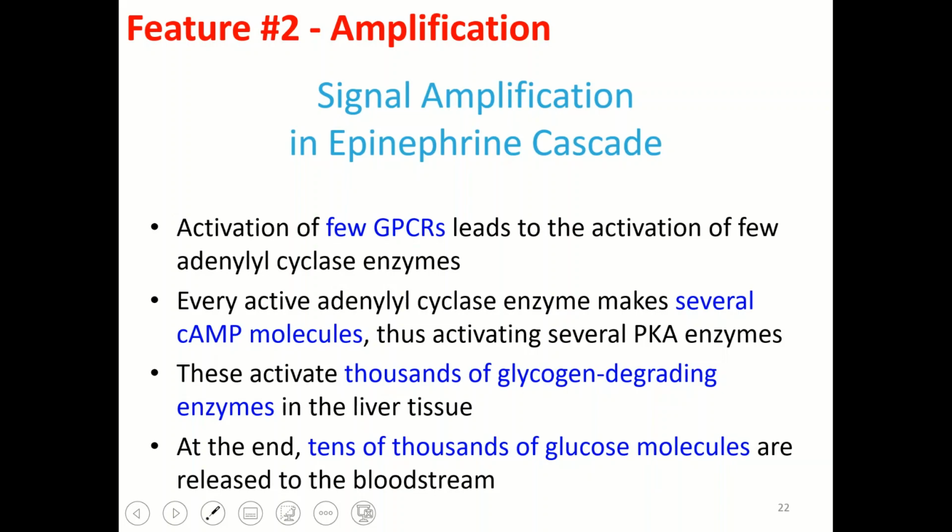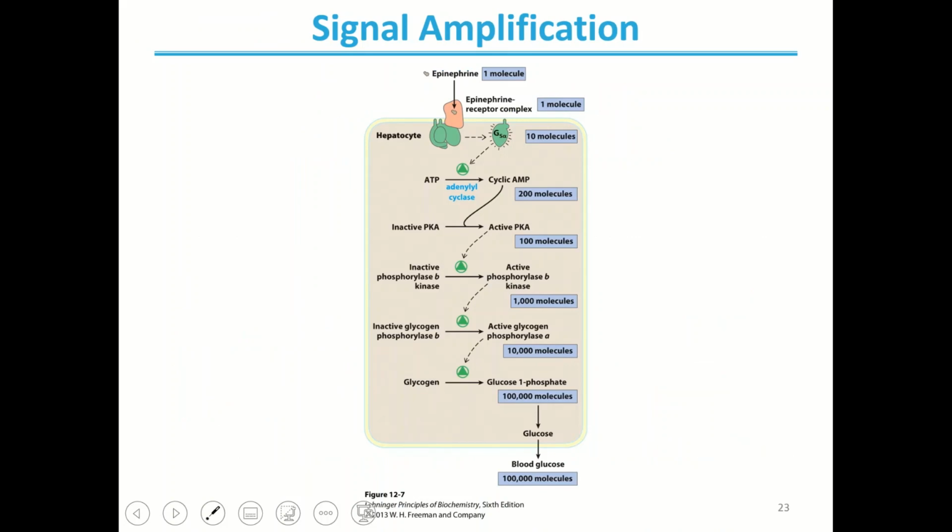The PKA enzymes then have a kinase cascade, and thousands of glycogen degrading enzymes, at least in liver tissue, are activated. And in the end, tens of thousands or hundreds of thousands of glucose molecules can be released into the bloodstream. And it's probably easier to see this with a picture.